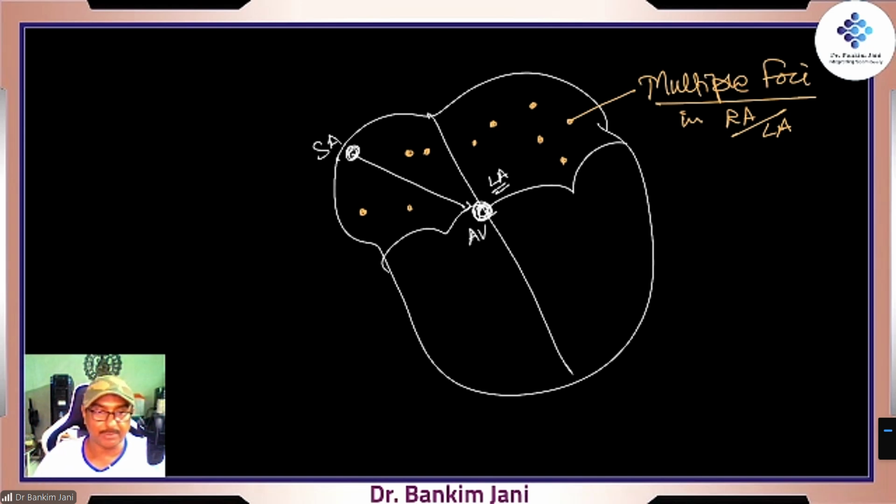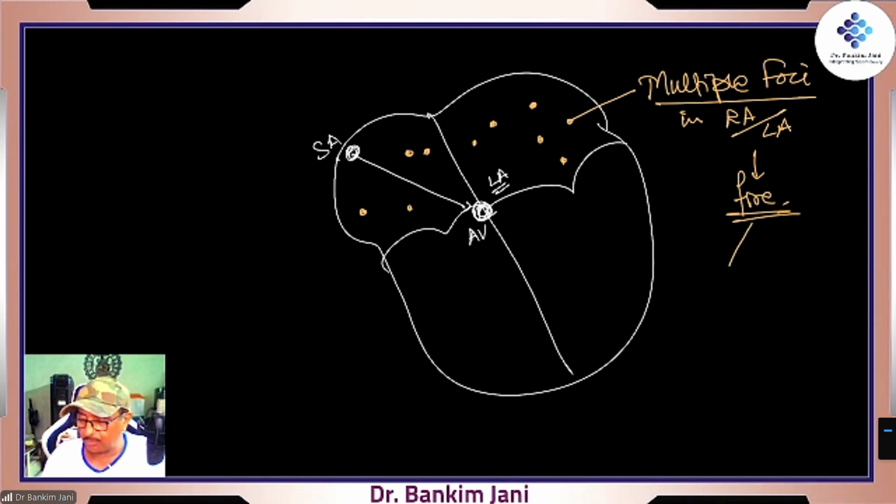Sometimes it is in both, sometimes only in one. And all of them fire randomly, because every foci, every spot, is sending a signal by itself. It is not caring about anyone else. So this is what is called the multiple foci. Now they are firing.